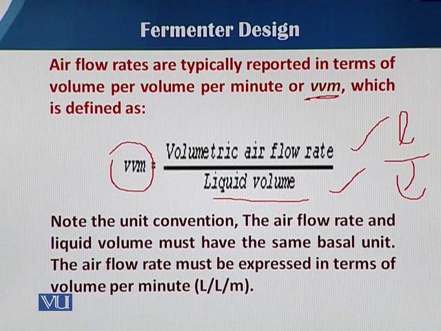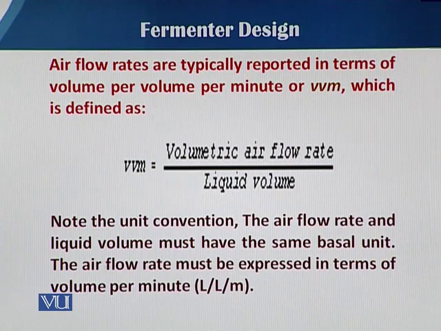For example, if we supply 5 liters of air to 5 liters of medium in 1 minute, then the airflow will be 5 over 5, meaning 1 VVM. This way we can calculate the flow rate in a fermentation medium.